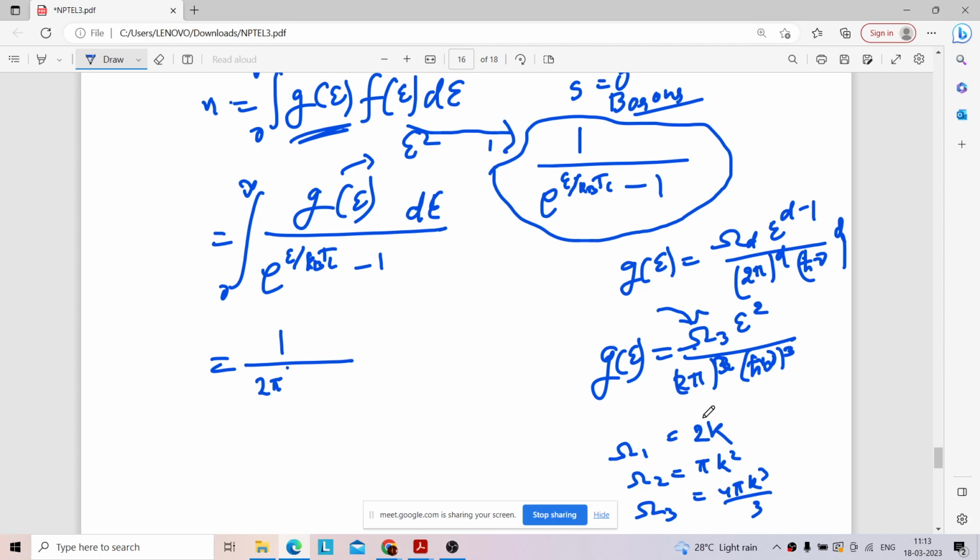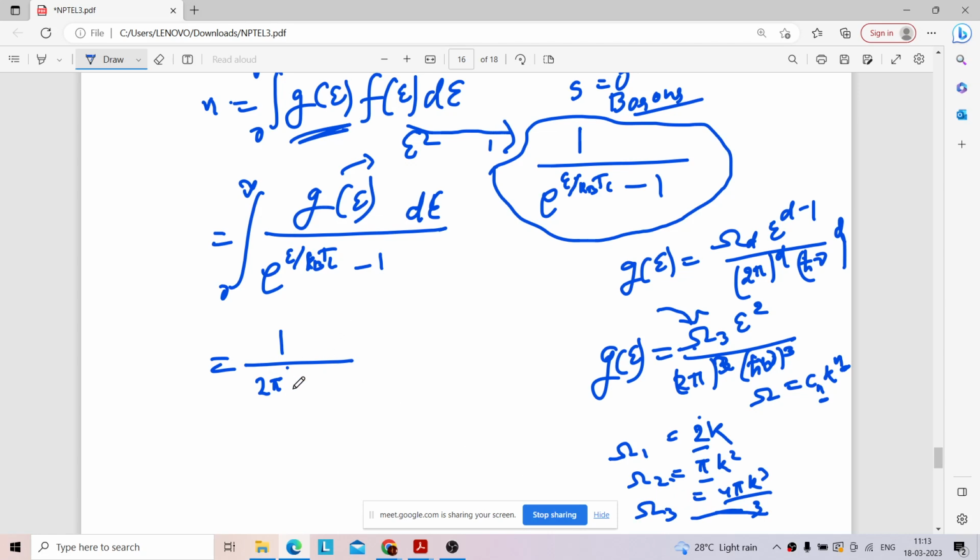Right, I told you the coefficients. Then this density function was some coefficient times k to the power n, and this was c_n, and this was the dimension in that term. So we'll get this kind of term.